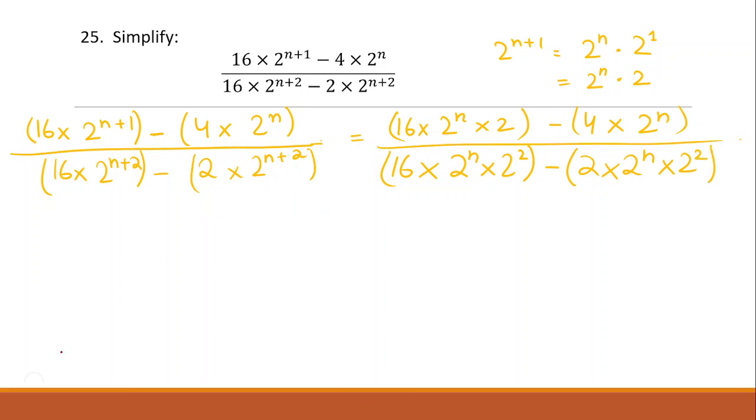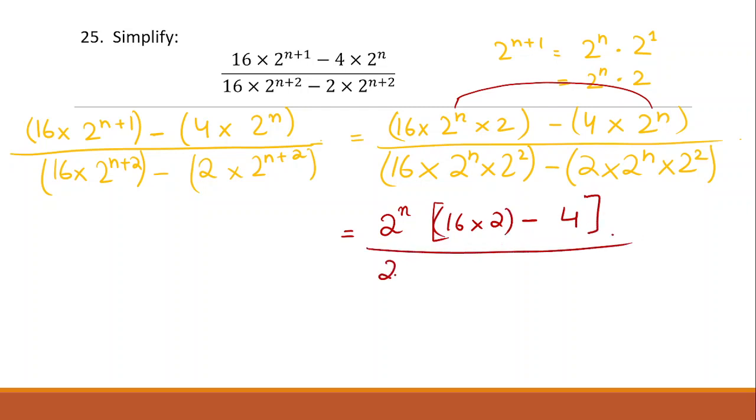So let's just change the color. If you see 16, let's just write from here. In these two terms, 2 to the power n is common, so we can take it outside the parenthesis. 2 to the power n, and we can write everything that is left: 16 multiplied by 2, negative sign, 4, divided by 2 to the power n.